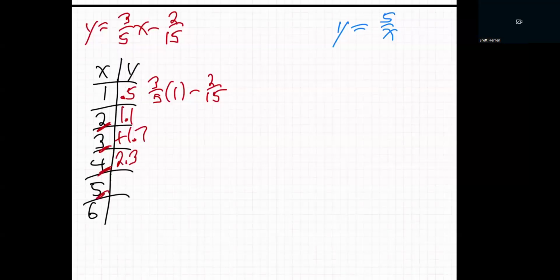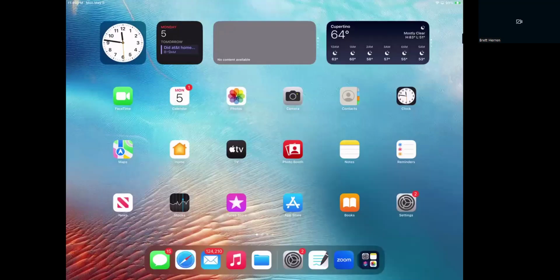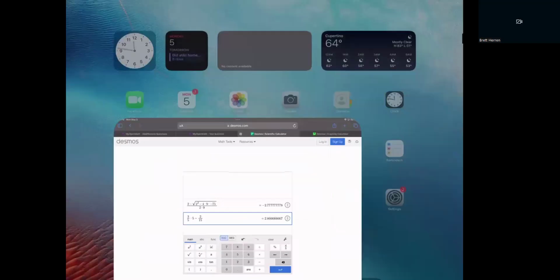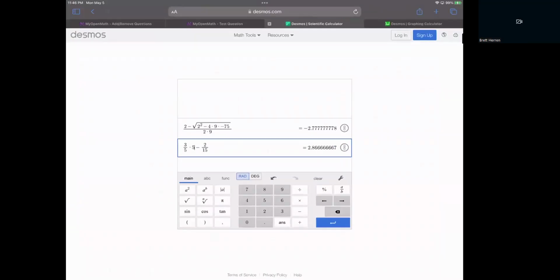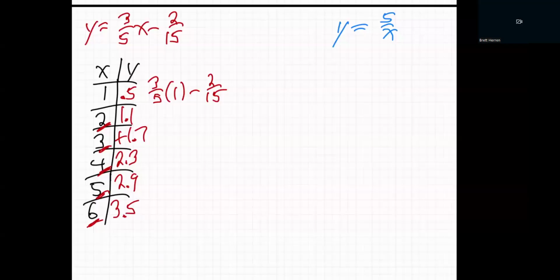Plug in 5. This is a little tedious for sure. It's 2.9. And then finally plug in 6. 3.5. All right, none of those are too nice. It's a straight line. Okay.